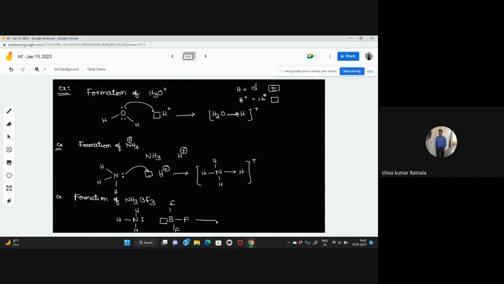You can ask how to identify whether a vacant orbital is there in BF3. We will discuss one more concept, after that you will get clarity. Now this lone pair is given to the boron, so it will form in this way.